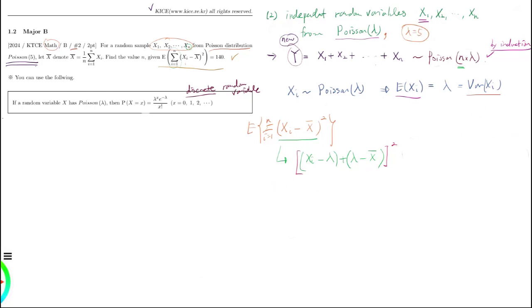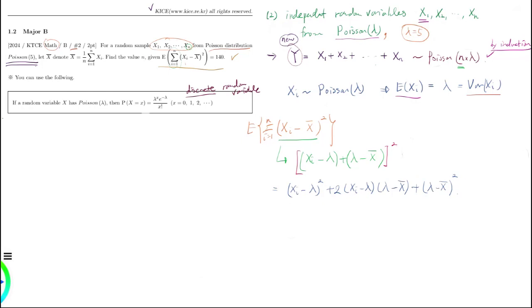Here I can separate like those two parts here, and then I will square it, and then I do have the square of deviation from lambda, and plus 2 times deviation from lambda and the difference between lambda and its sample mean, and plus square of the difference between lambda and its sample mean here.